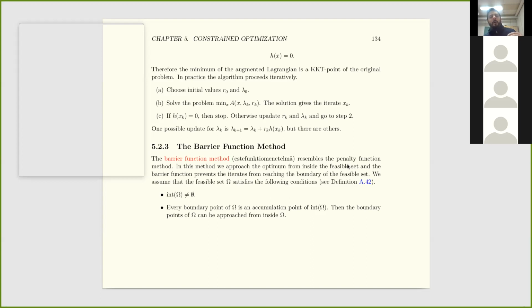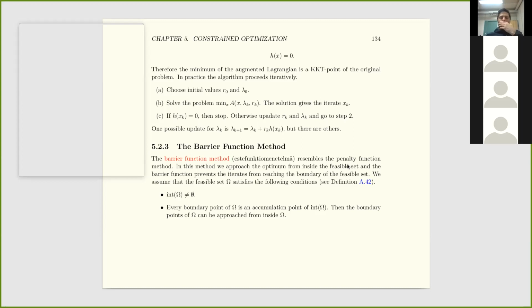And then if you are approaching the boundary of your feasible region, then before you reach it, you start pushing back. You generate what is called the barrier function, which means that if you try to approach the boundary from within, there will be a cost incurred as you get closer to the boundary, so that keeps you from crossing the boundary into the infeasible region from the inside.